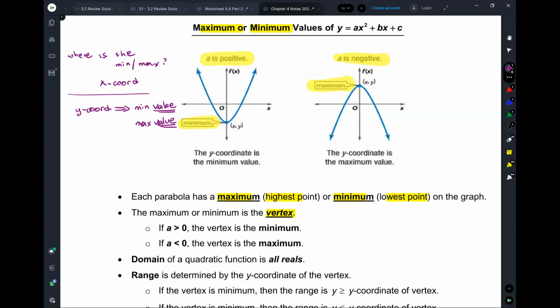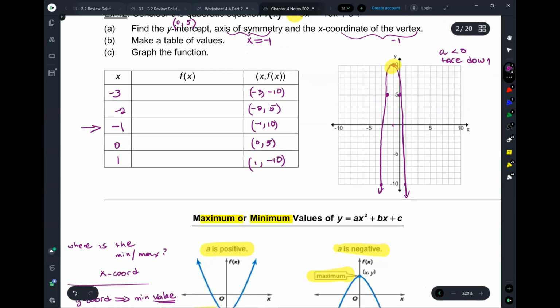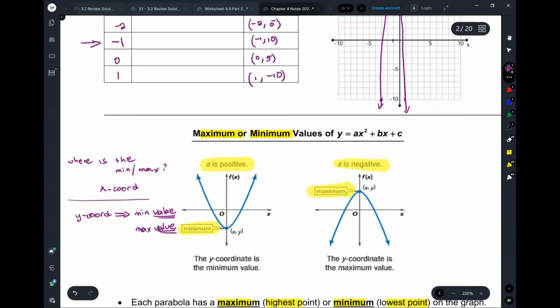So when I say, what's the minimum value? That's the y coordinate. Okay, what's the maximum value? That's the y coordinate. So here, where is the maximum? At x equals negative 1. What's the maximum value? 10. Yeah? It sounds like potato, potahto to you, but man, does it make a difference. Okay.